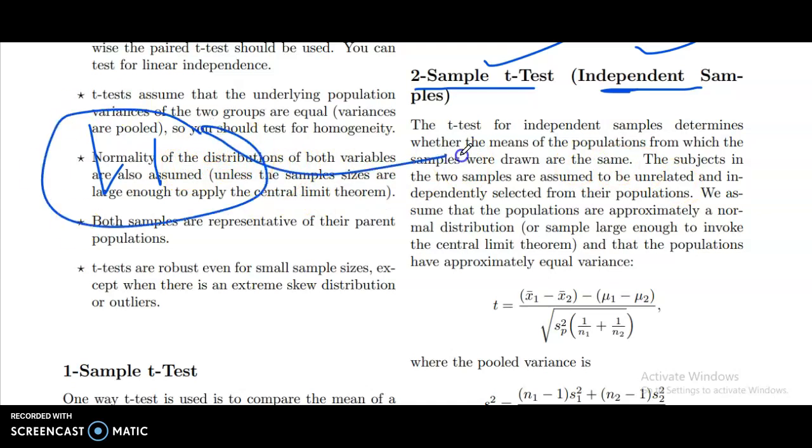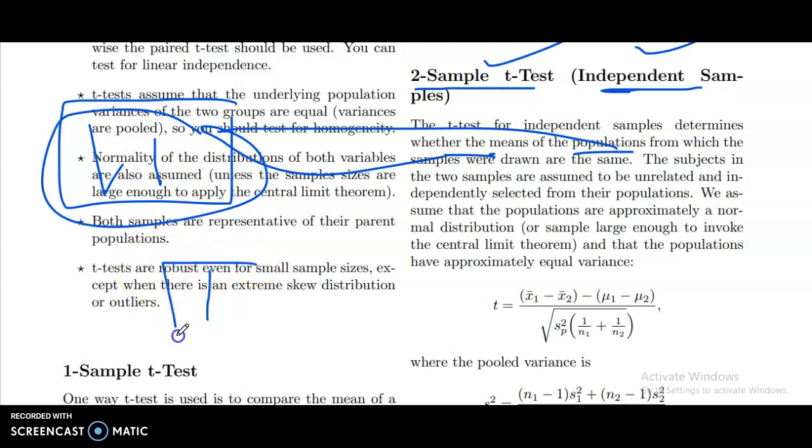The t-test determines whether the means of the populations from which the samples are drawn are the same or not.